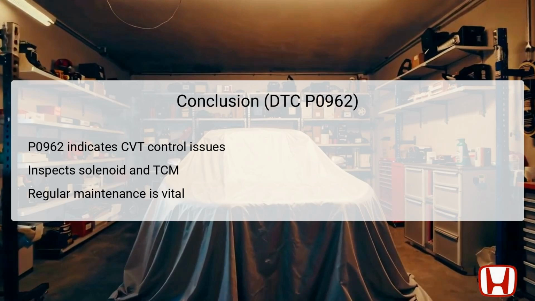Regular maintenance, including inspections of electrical connections, fluid levels, and transmission components, is vital for preventing this DTC from recurring. Addressing issues promptly not only enhances vehicle reliability, but also provides a better driving experience. Keeping these factors in mind will assist in maintaining optimal vehicle performance over time.